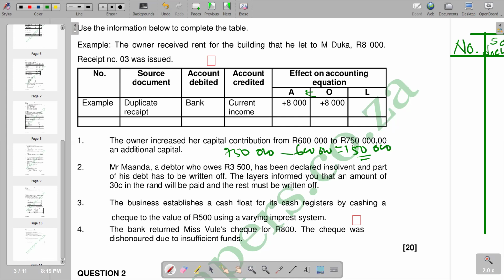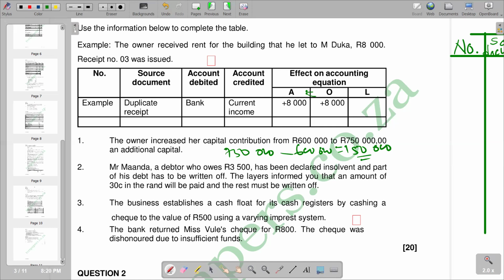So the first step is to identify the double entry, the two accounts that are involved in this transaction. Remember, every transaction has two accounts that are going to be affected. That is where we have the double effect. Then we try to see which one is going to be debited and which is going to be credited. Then we can see what effect it is causing on the accounting equation.